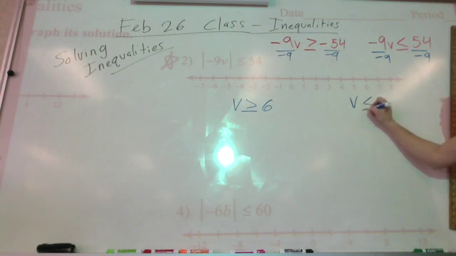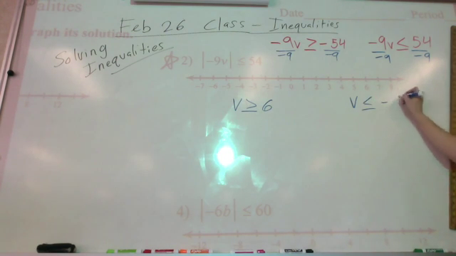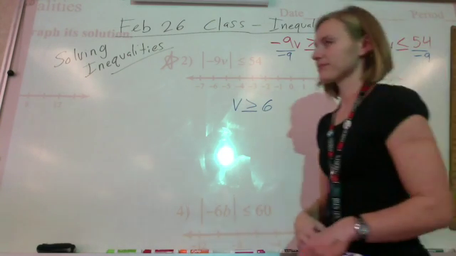So v is less than or equal to negative 6. How is the positive one negative and negative? Oh wait, never mind. Because that negative 9. Right, because we were dividing by that negative.